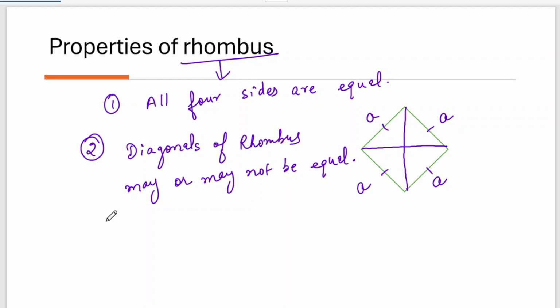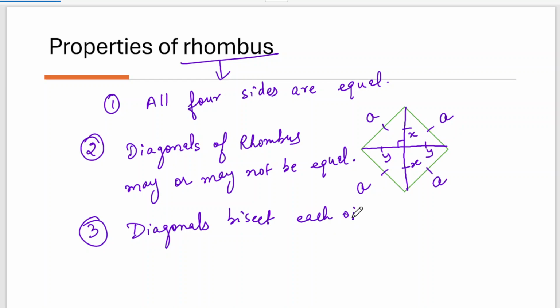Now the third important property, that diagonals bisect each other. If it is x, this is also x. If it is y, it is also y. Okay, so diagonals bisect each other. Okay, now the fourth property, diagonals bisect each other, but what angle are they making?